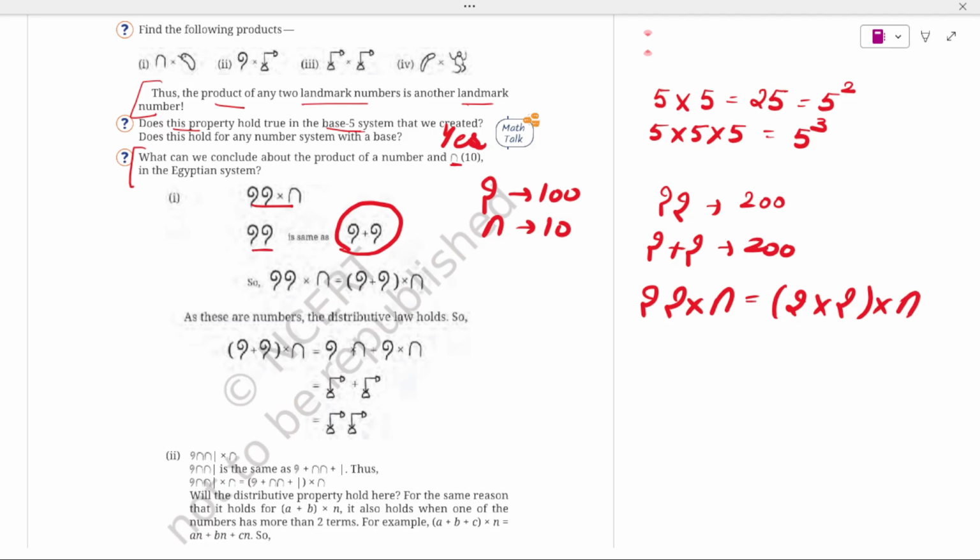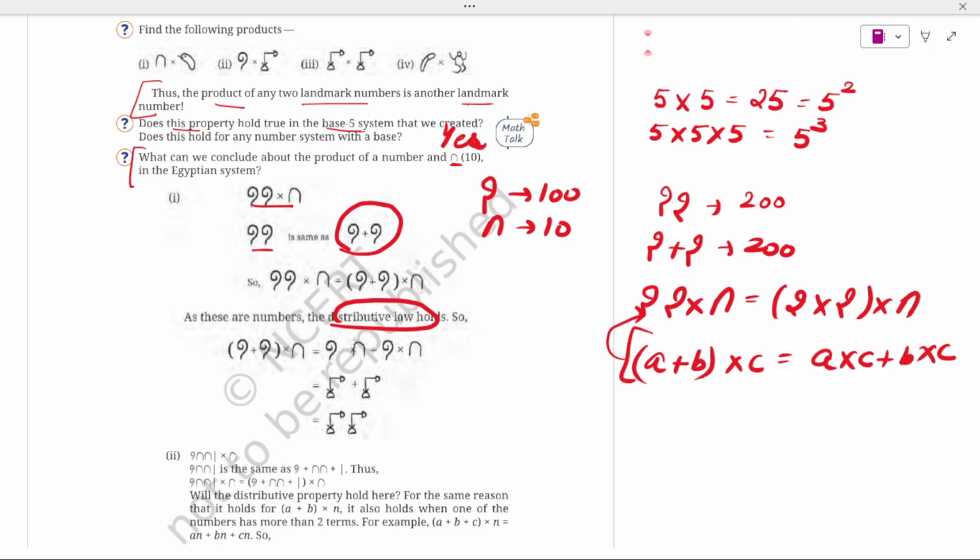And what does this mean? In earlier classes you have heard of the distributive law. The distributive law says that if we have A plus B times C, it can be presented as A into C plus B into C. I hope you remember that. So we are linking this, just understand how it came.